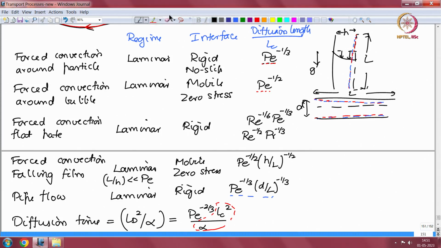And for transport into a liquid film, a gas liquid transport, this is Pe power minus half times H by L power minus half. Note that this is going to be much smaller.